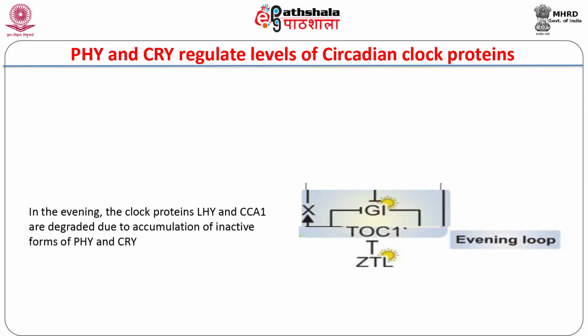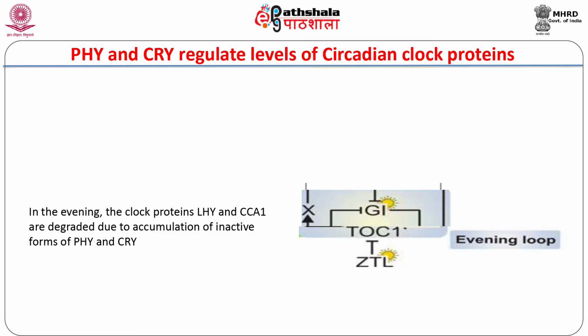In the evening, the clock proteins LHY and CCA1 are no longer active. This allows expression of two other oscillatory proteins, Gigantea or GI, and Timing of CAB expression 1, TOC1.